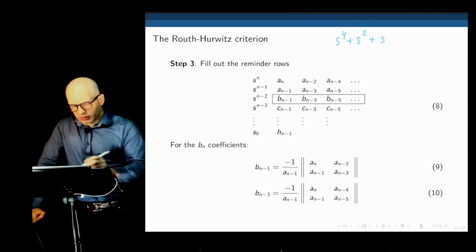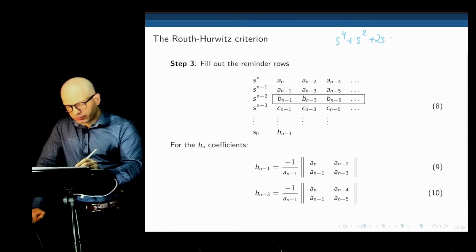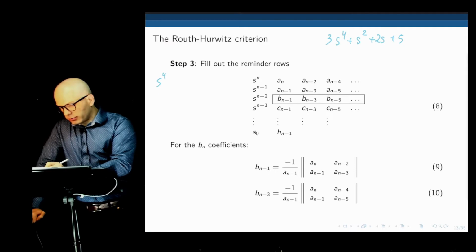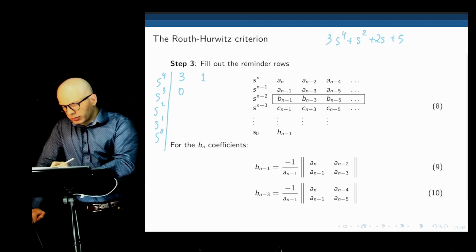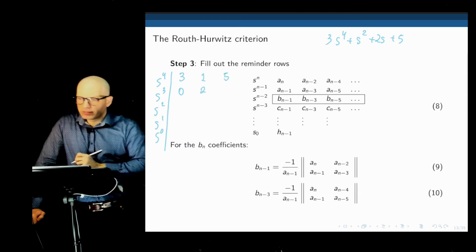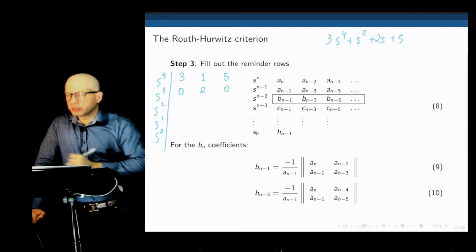So if it was something like this, we put number 3 here. We would have s4, s3, s2, s1, s0. And then on top we have 3, 0, 1, 2, 5, and 0 again to complete.